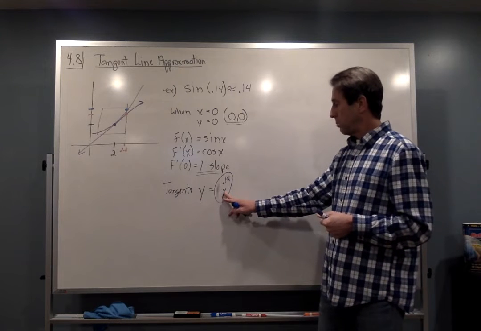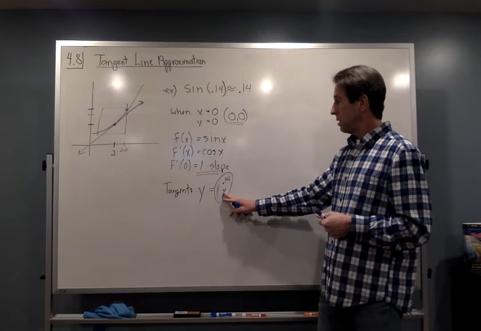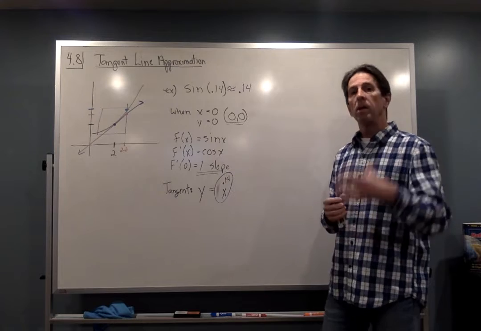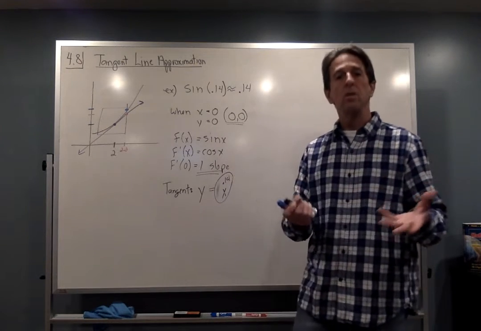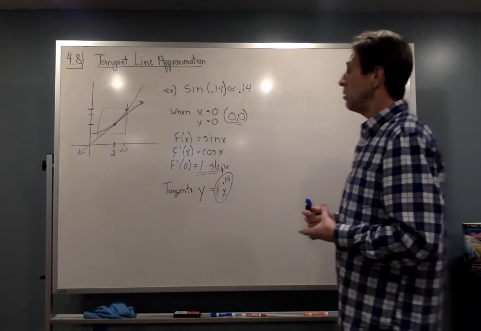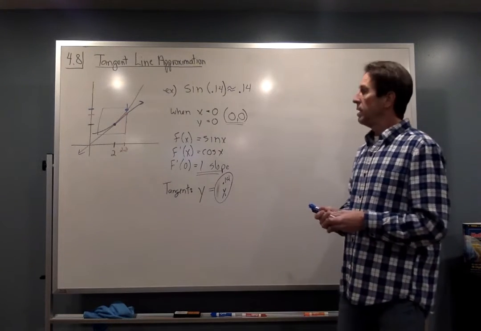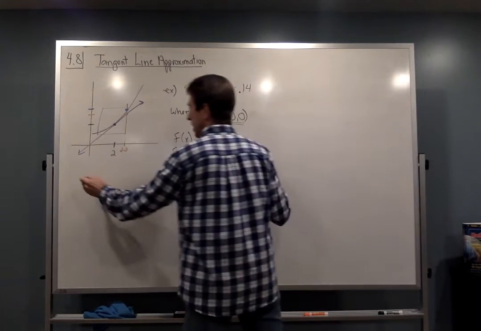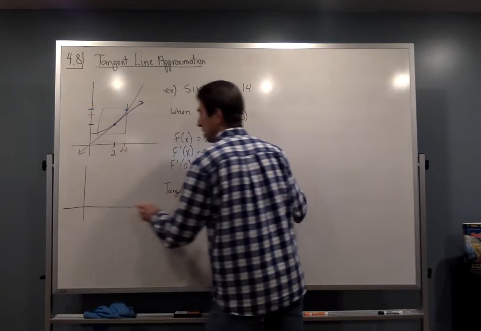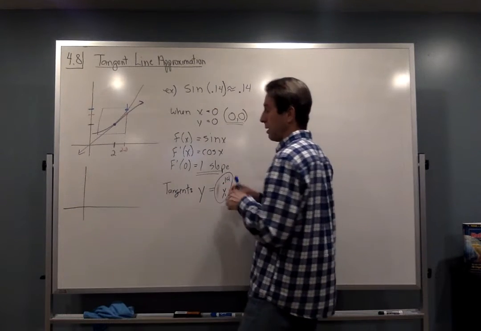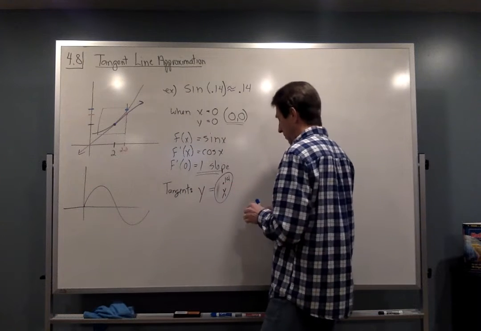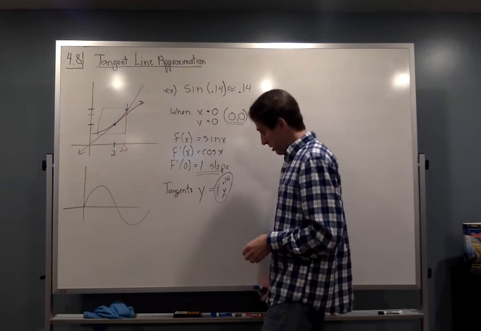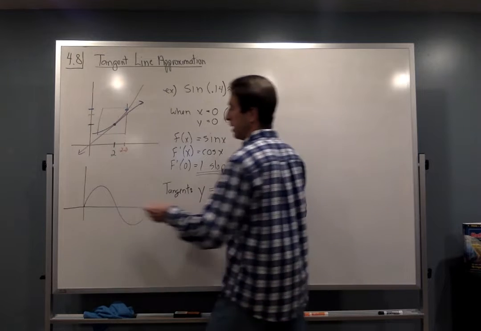So I just put this number into the tangent function, and I get an approximation. If you would grab your calculator right now and find the sine of 0.14 in radians, you would find it is pretty close to 0.14. Now visually what that looks like is this. Here's what the sine function might be. And then if I anchor the tangent at 0, I get this line.